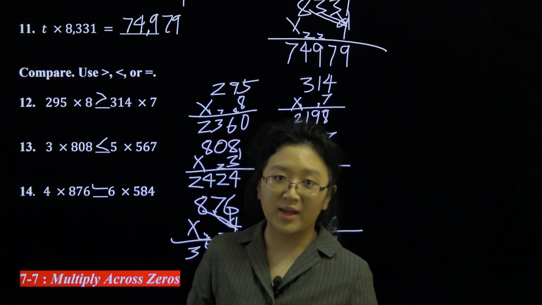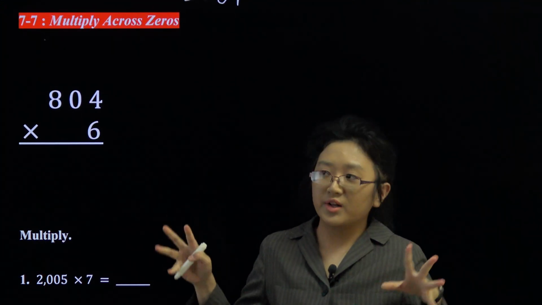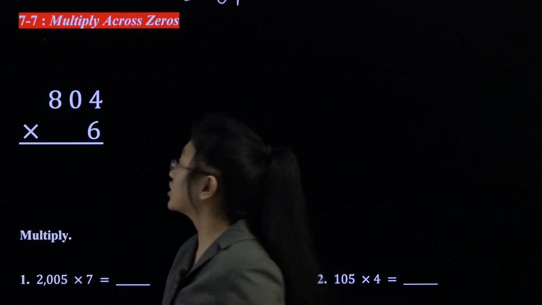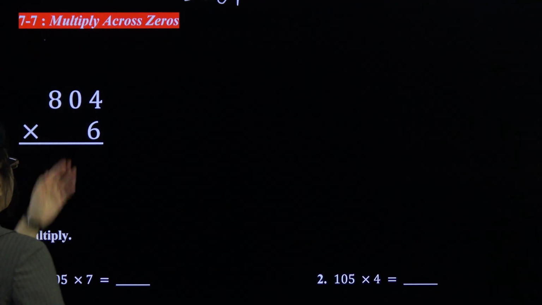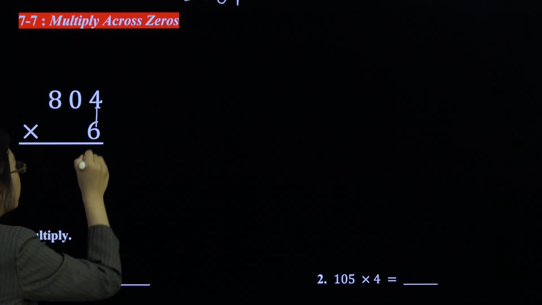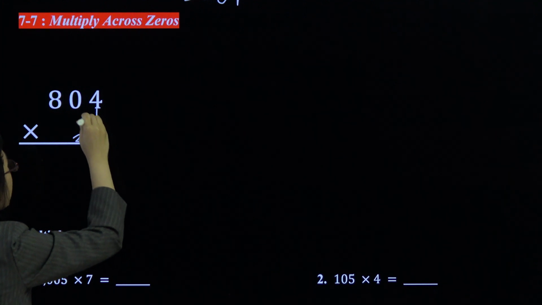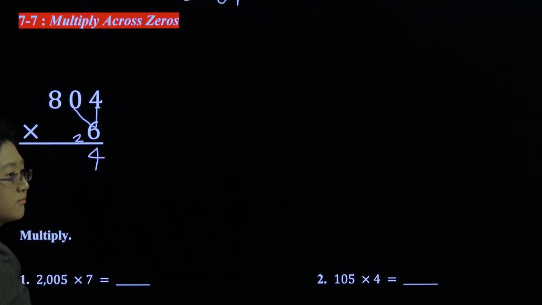We move on to multiplication across zeros. Multiplication across zeros is actually really similar to, well, normal multiplication. Why? Look at this. You do the same thing. 6 times 4, 24, you regroup the 2. 6 times 0 is 0.